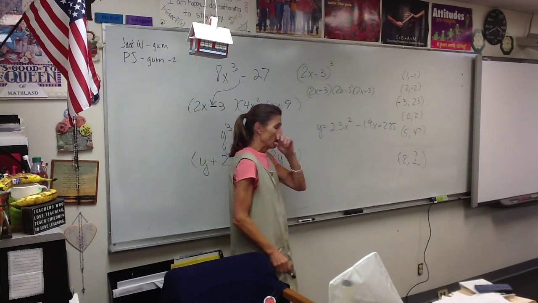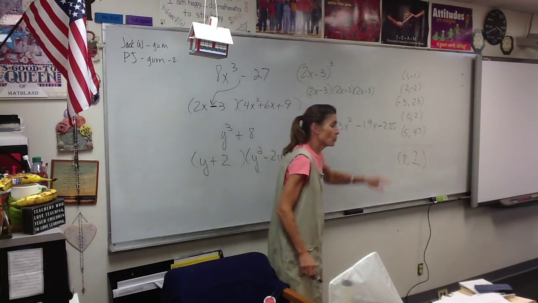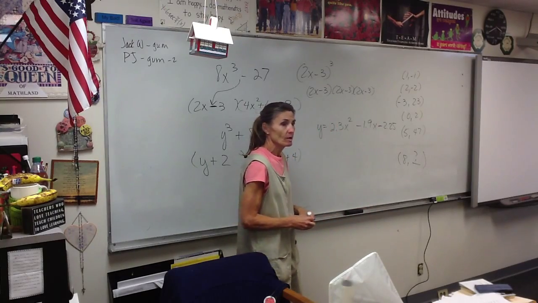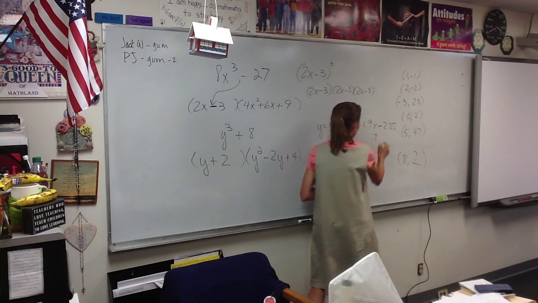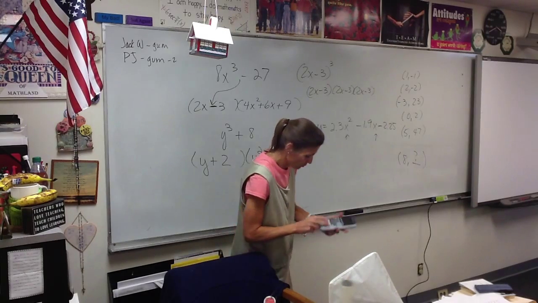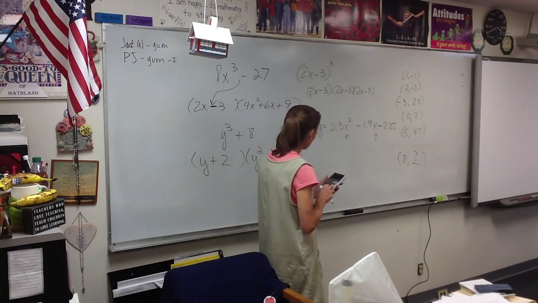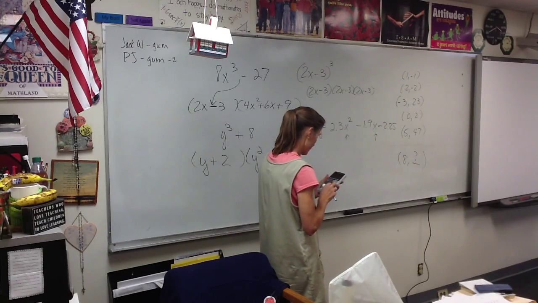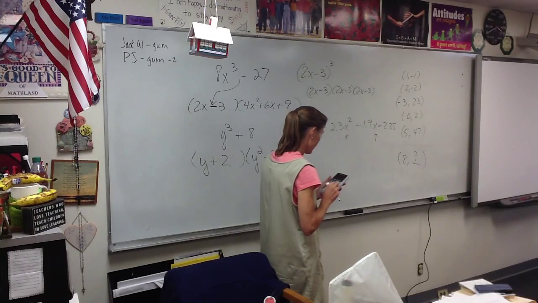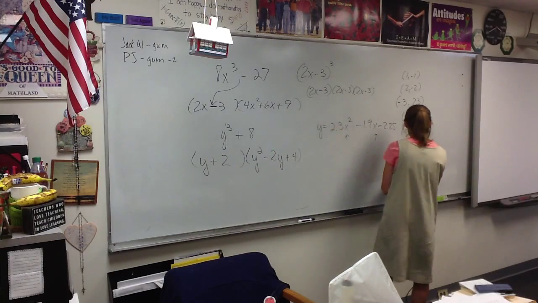Now, how do I answer the question then? Plug in 8 for x. I put 8 right in here, right? So the answer to the question would be, I got 129.75.